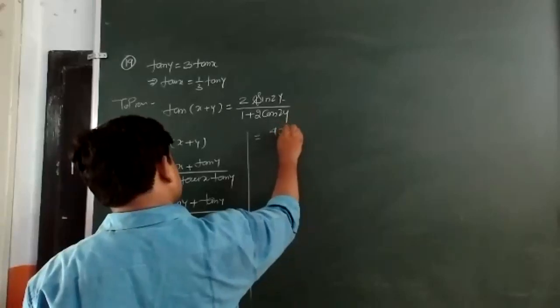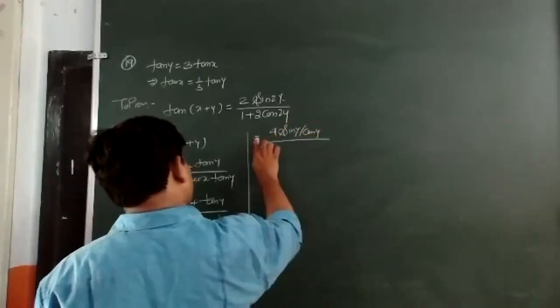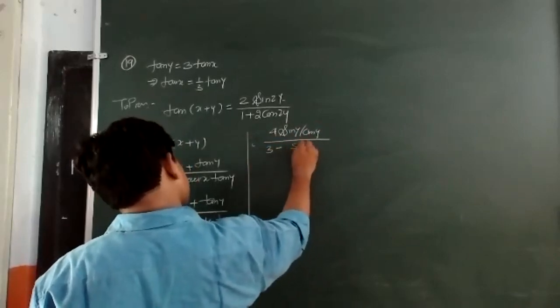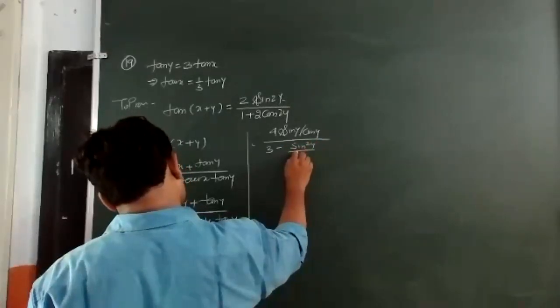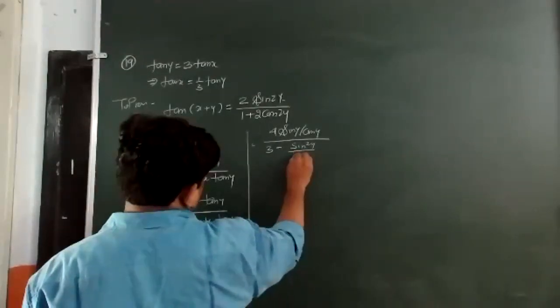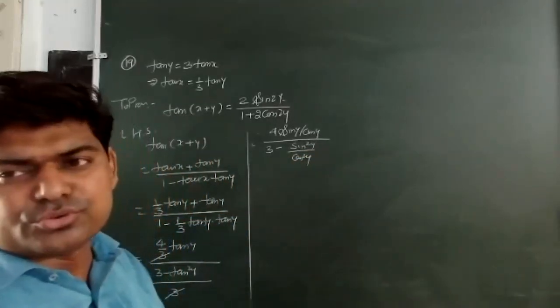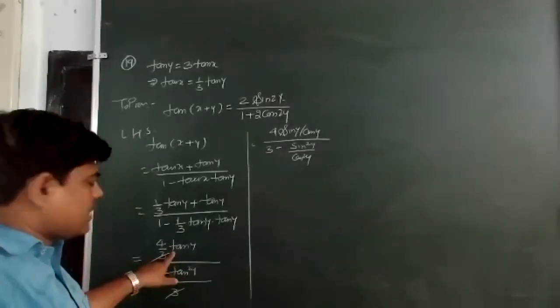And now whatever I am having, it is 4 tan y, which can be written as sin y upon cos y. And here also it's 3 minus sin square y upon cos square y. Suppose you don't want to convert in sine and cos, no problem. Here you can see I am having tan y.